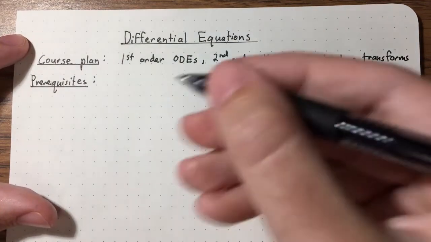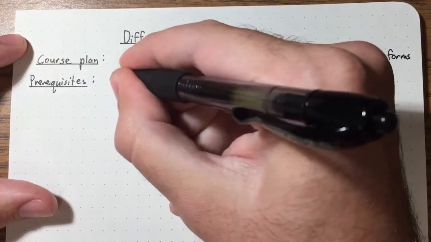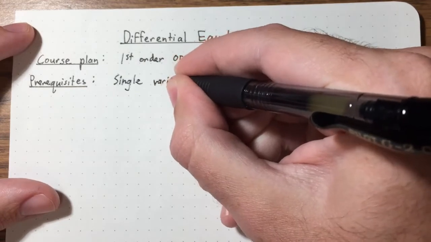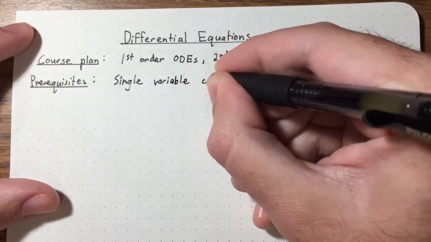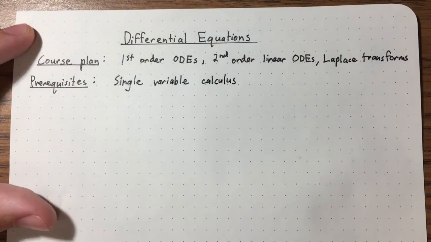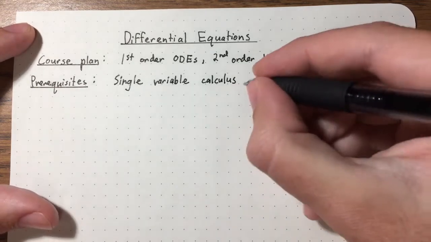Okay, so the main prerequisite for this course is just going to be a single variable calculus course. So no multivariable calculus is going to be necessary. But it is going to be important that you've seen both differential and integral calculus.